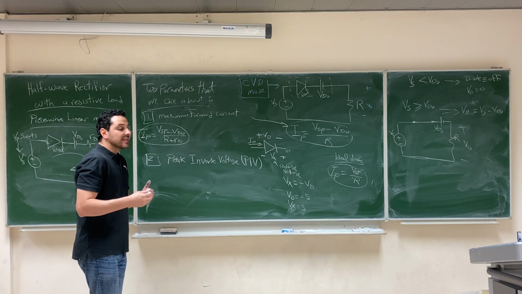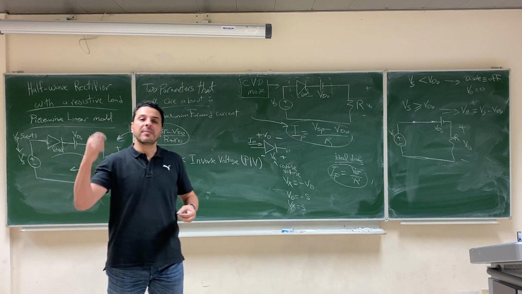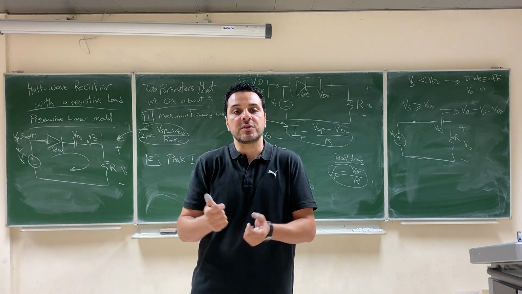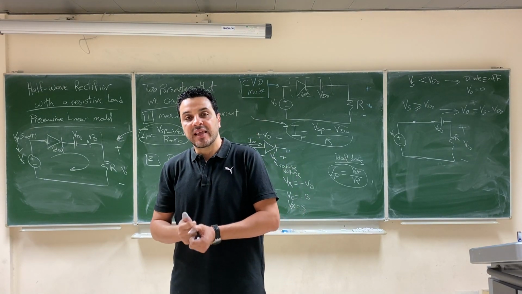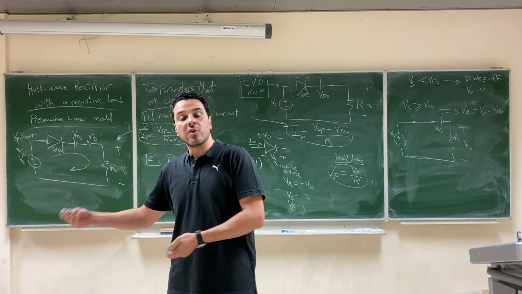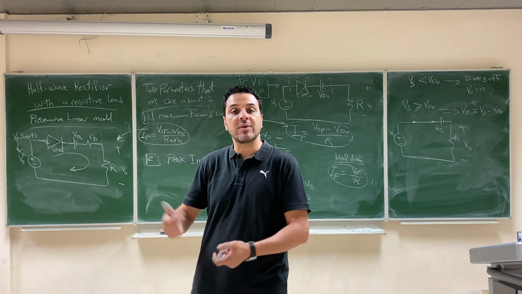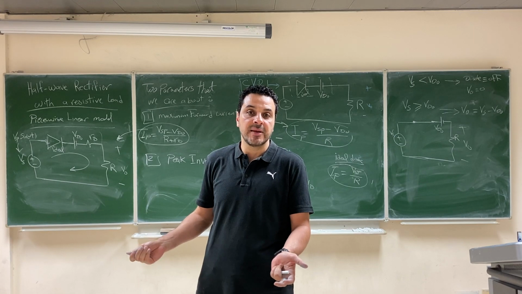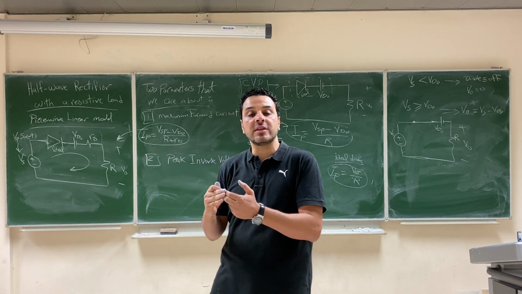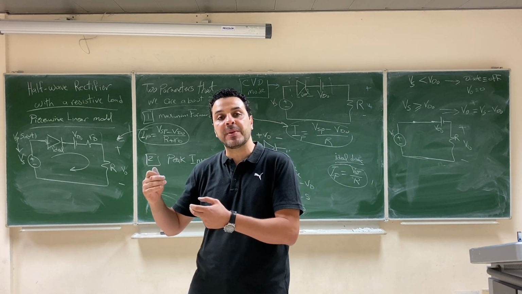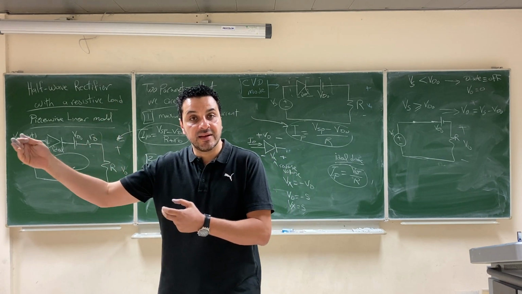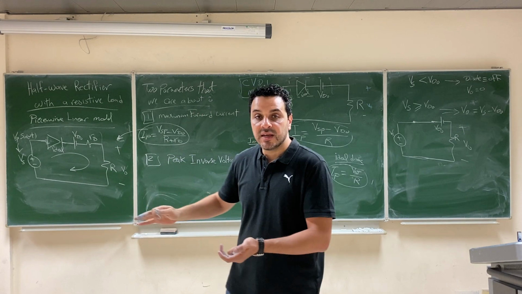So here, when you calculate the peak inverse voltage, the maximum inverse voltage that will affect your diode, and you find it to be 5, can you buy a diode that breaks down at 3, for example? No, because it will break down, right? So you need to buy a diode that breaks down at, for example, 9 or 10, so that it doesn't break down in your circuit.